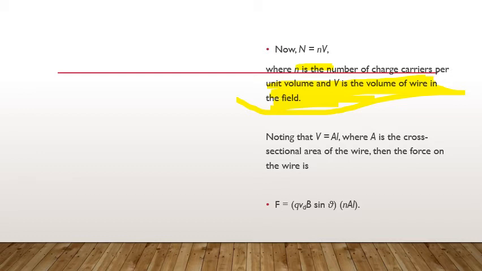Then the force can be written by replacing capital N by small n into V, and V can be converted to A into L. So the total force is F equals qvB sine theta nAL, where n is the number density, A is the area and L is the length.